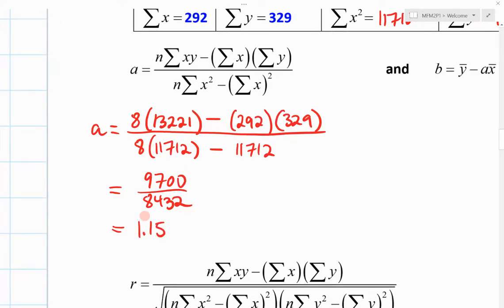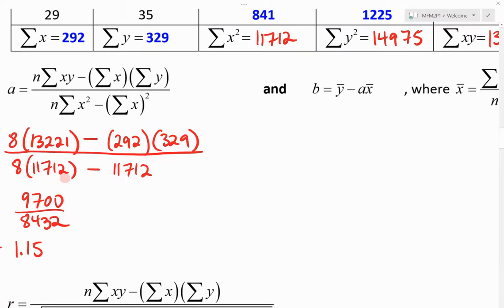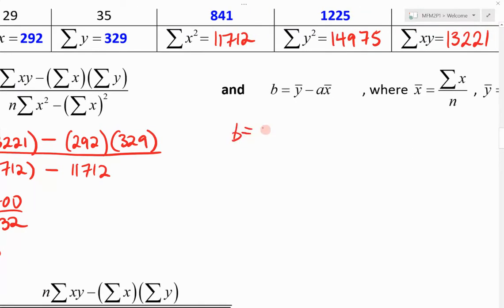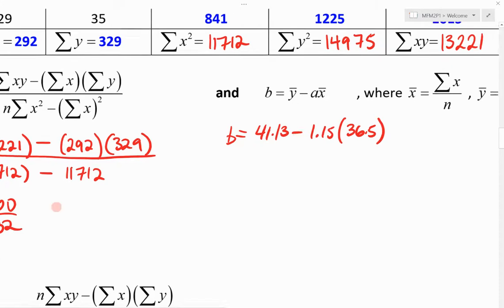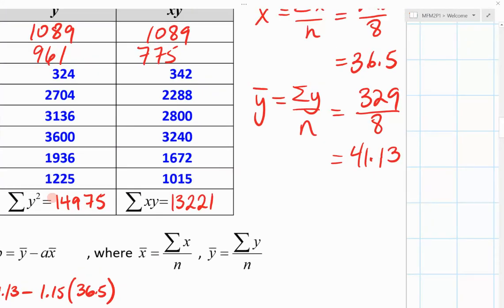Okay, what about the y-intercept? The y-intercept b is going to equal y bar minus a times x bar. So the mean value of the y, 41.13, minus the slope we calculated, 1.15, times the mean value for the x values, 36.5. These two values we calculated on the top right side here.